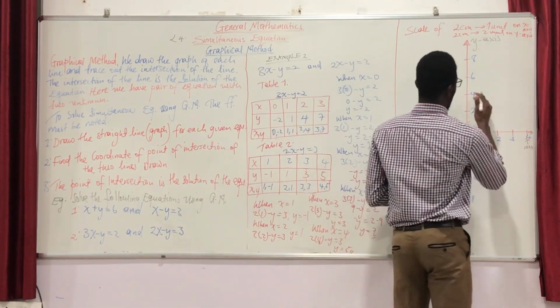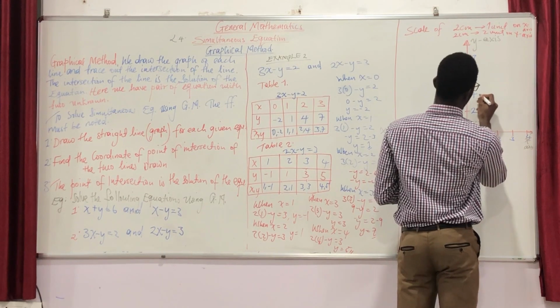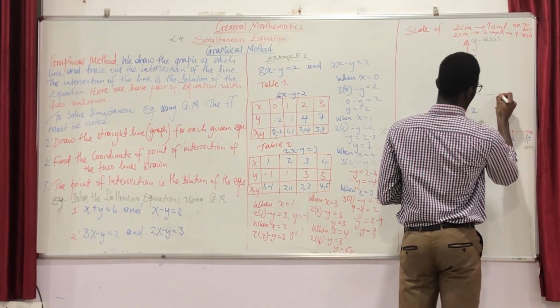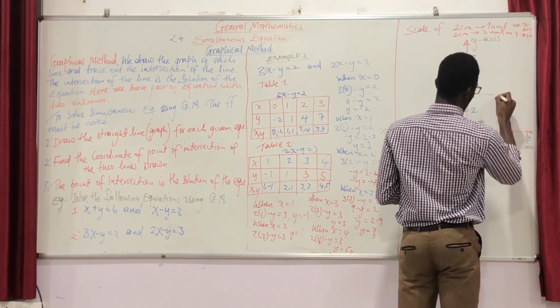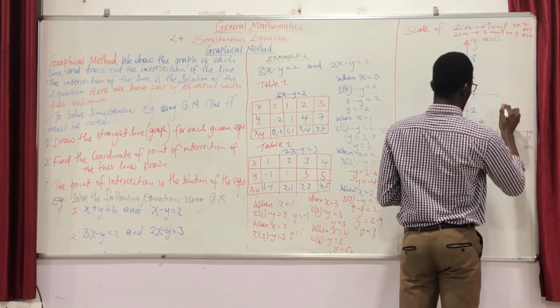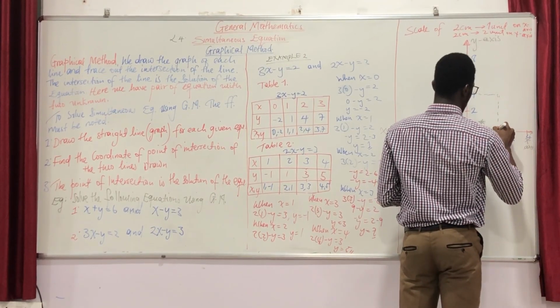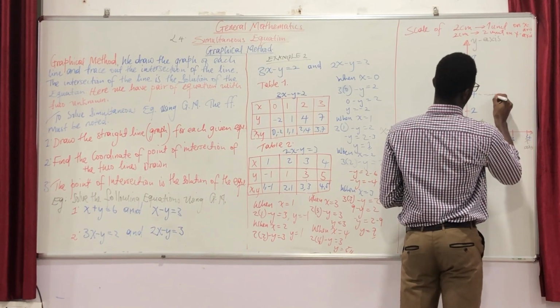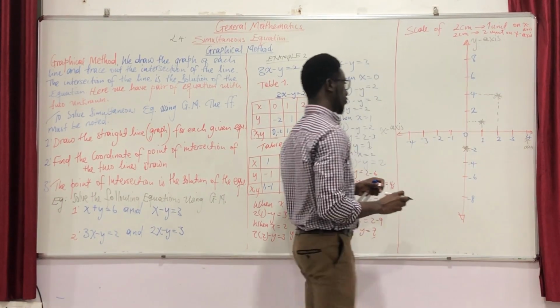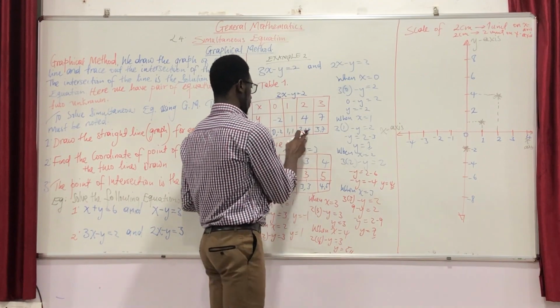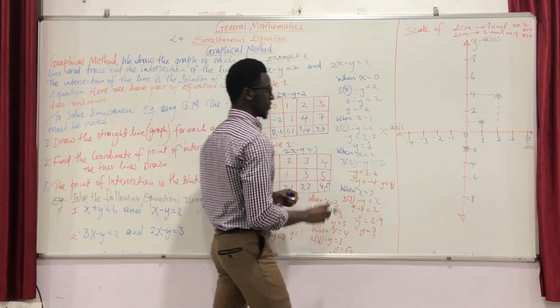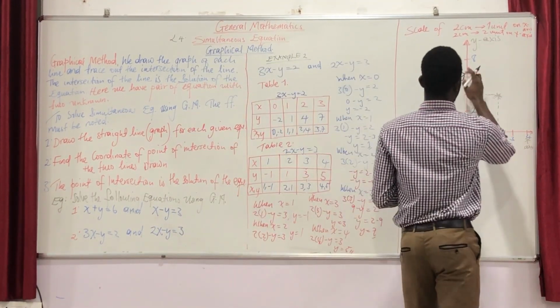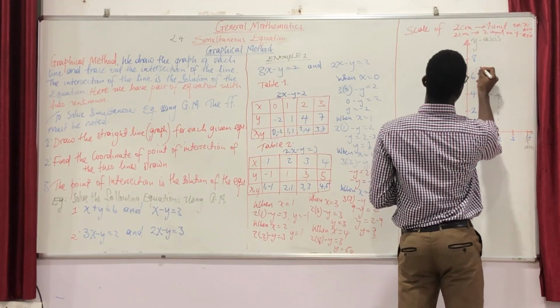When x is 2 here, y is 4 with this. When x is 3, y is 7, and 7 is between here.